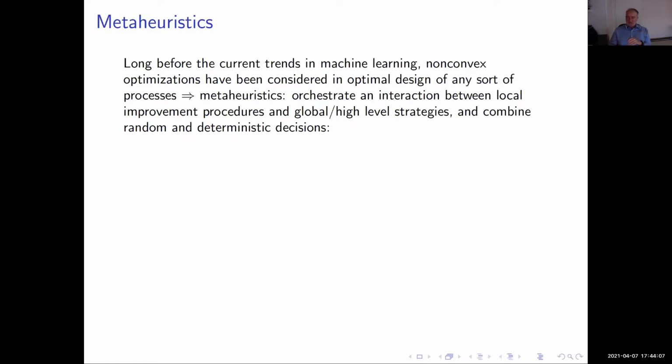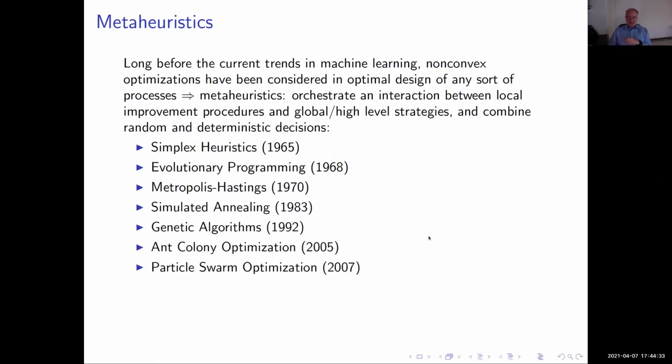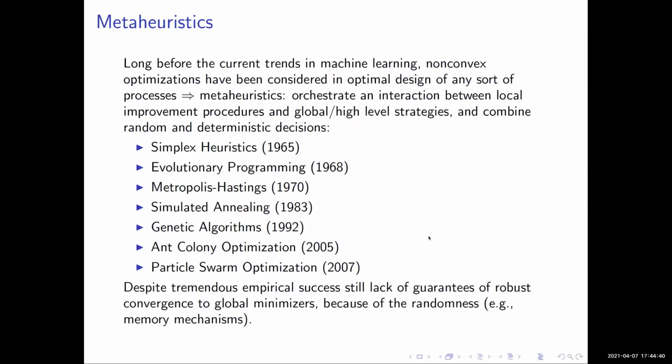Of these algorithms, there is by now a zoo of different methods, starting in the 1960s with the simplest heuristics, but then there have been concepts like evolutionary programming and several other methods like simulated annealing, very much used in real-life applications, genetic algorithms and so on, getting to particle swarm optimization, which is one of the most popular and recently proposed.